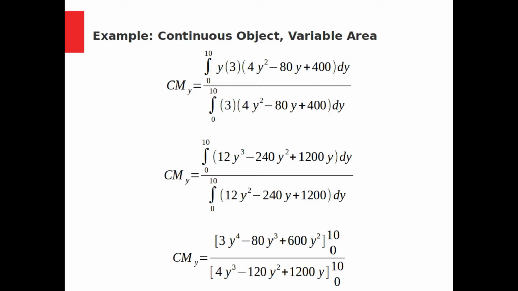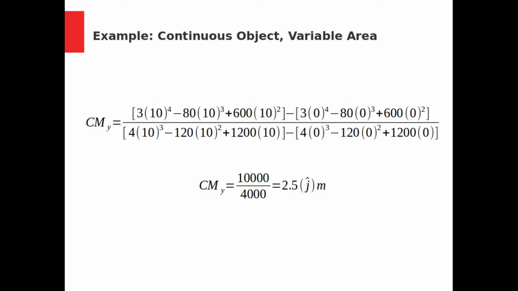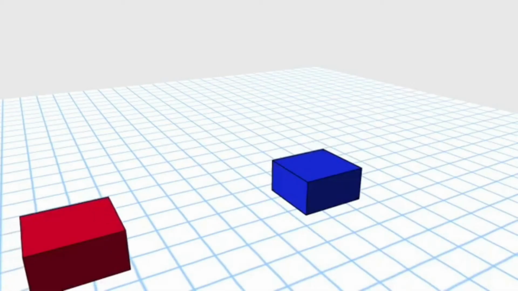From that point onwards, we perform the integral, and then we substitute the upper and lower bounds. This lets us solve for the center of mass. For a pyramid that is 10 meters tall, the center of mass is located at 2.5 j-hat meters, 2.5 meters above the base of the pyramid.